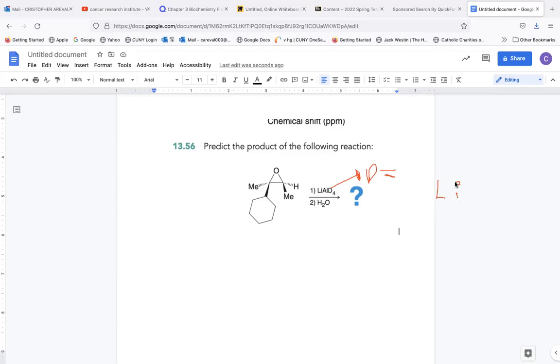I gave you guys this reagent. What's the difference between these two? What's the difference? Does anyone know?